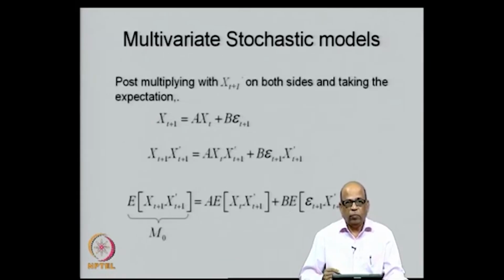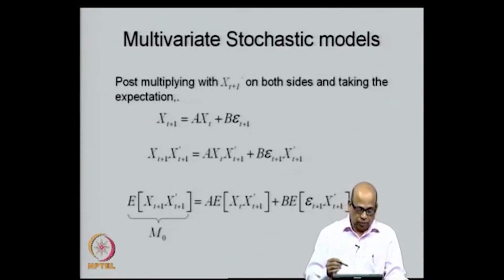Now, let us see what we do with the coefficient B. So this is our model: x t plus 1 is equal to A x t plus B epsilon t plus 1. Now, we will post multiply with x t plus 1 prime on both sides and take expectation.